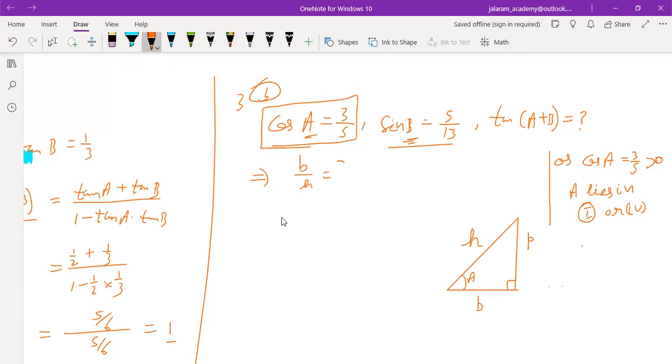So we will take base equals 3, hypotenuse equals 5, as these are members of a Pythagorean triplet. So we can directly write perpendicular equals 4. Using this, we can find the value of tan A, which is perpendicular upon base, so it is 4/3. This is when A lies in the first quadrant, which is case 1.